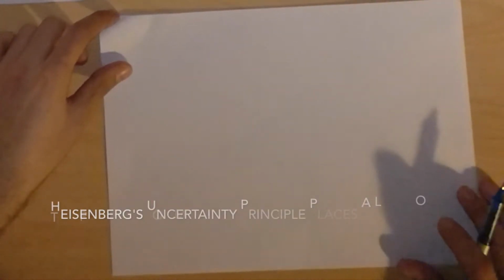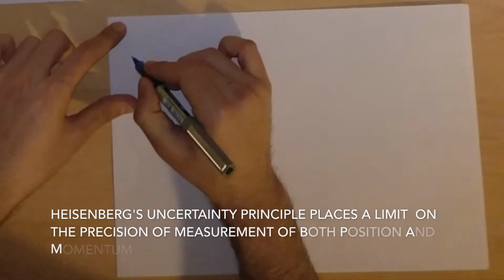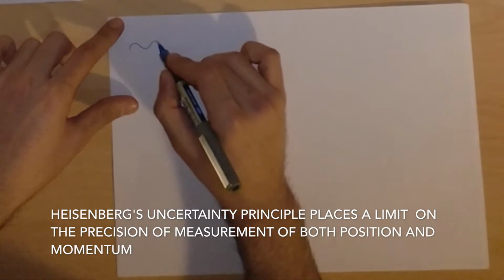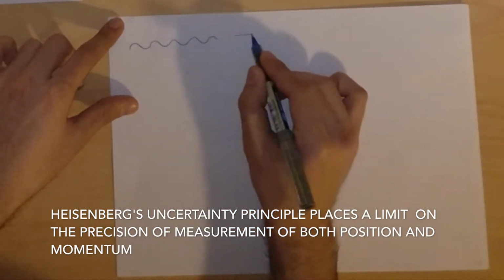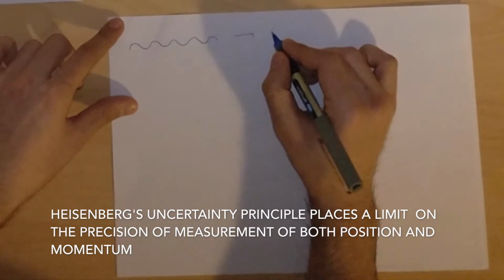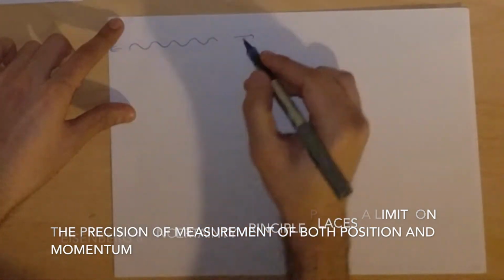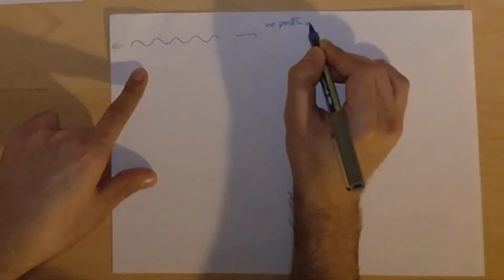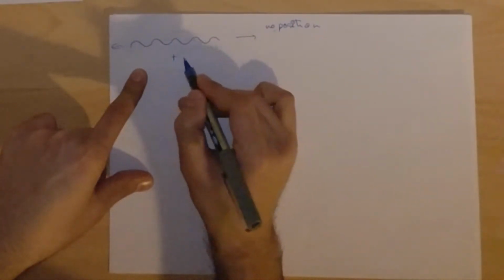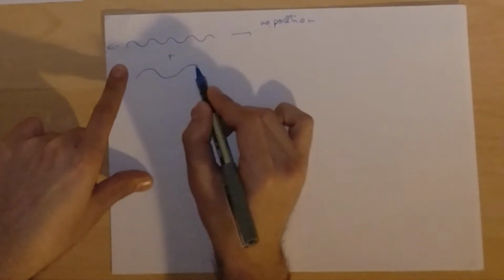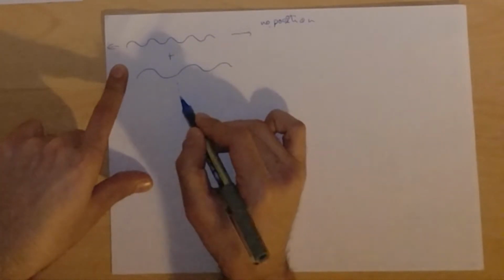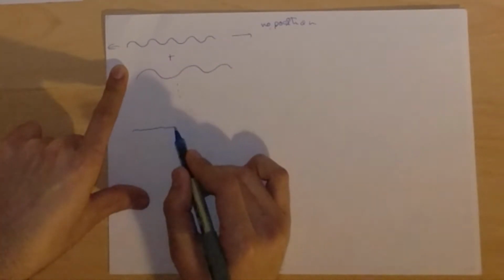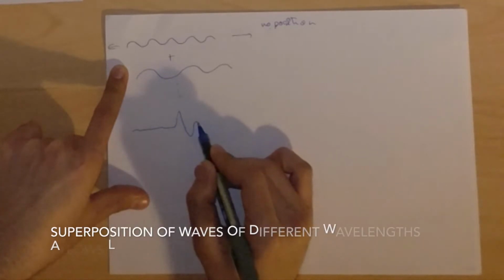Now this can be understood firstly in the context of de Broglie's waves, by seeing that a wave which is something like this travels to infinity in both directions and doesn't have a position as such, because you can't say where the wave is because it just travels to infinity. But then if you add another wave that looks something like this, and keep adding a bunch of waves, you can come up with something that looks like this.